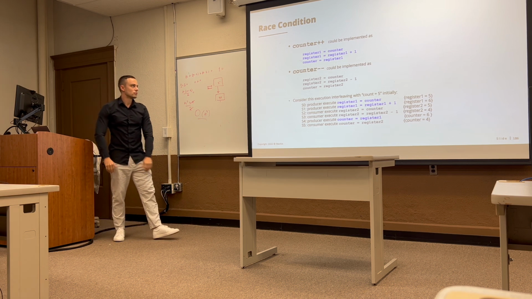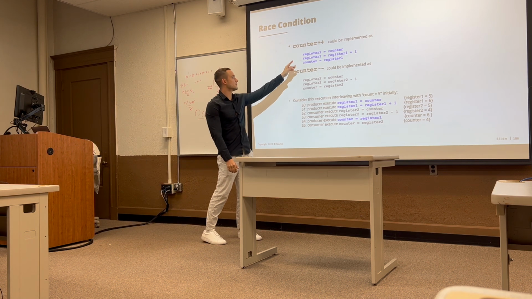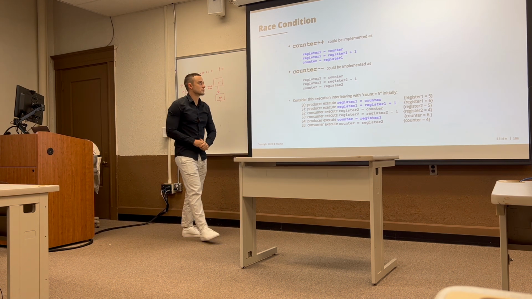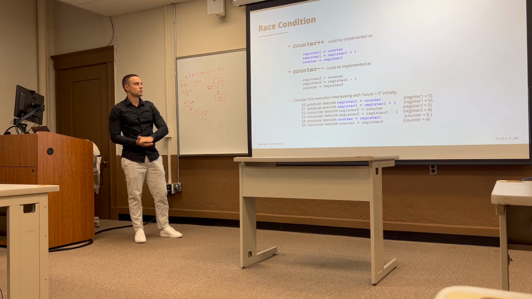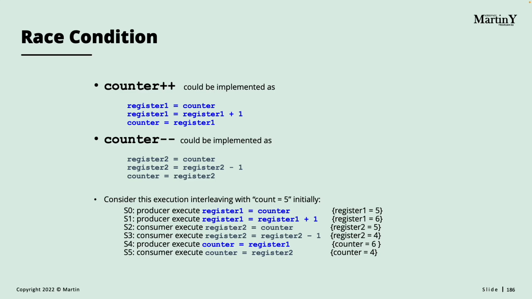Okay, so in that way, when I send the producer process, we're going to have that register 1 will be equal to counter. Then when the process performs something, register 1 will be equal to register 1 plus 1. Okay, and then the counter will be equal to its new value, the value of the register.